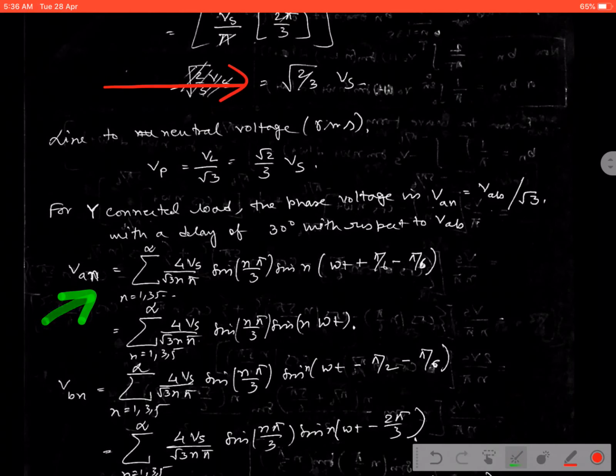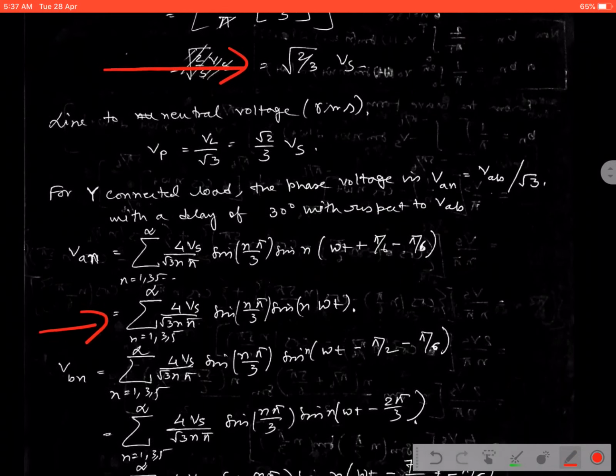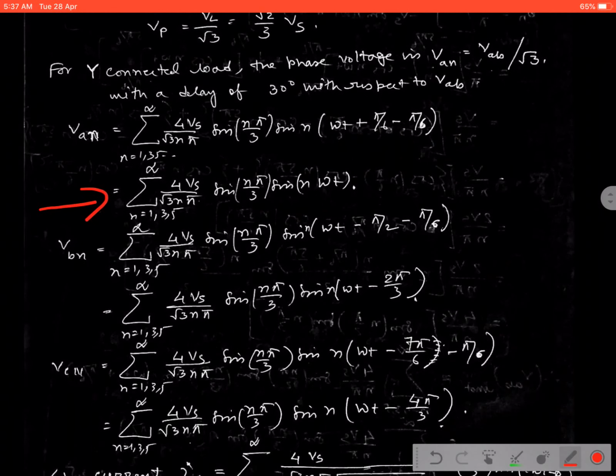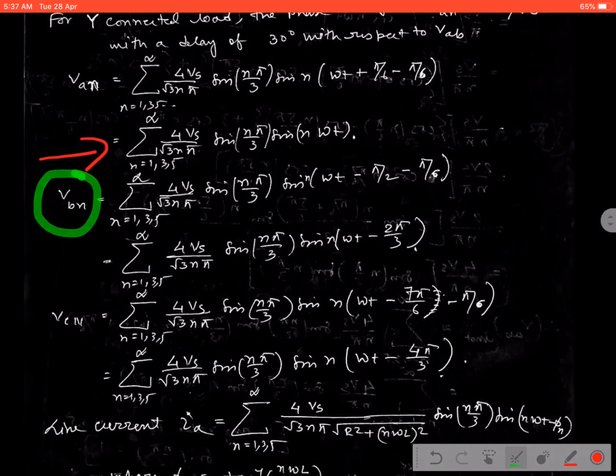That is VAN, equal to the equation for VAB up to this one, now lagged behind by 30 degrees, that is minus π by 6. After calculating this part, we will get the result. So this is the final expression for the phase voltage. Similarly, we can do the same thing for VBN.